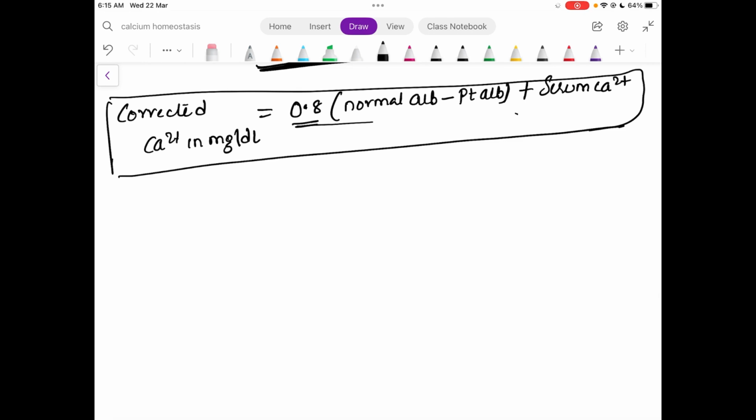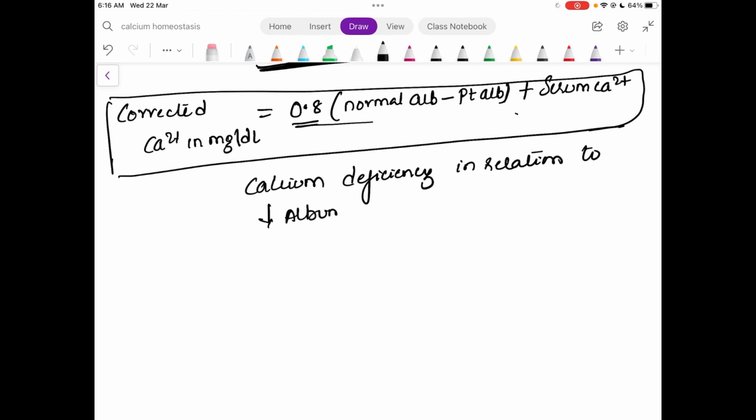With the decrease in calcium, that is protein bound calcium, do we have any clinical manifestations? No. Calcium deficiency in relation to decreased albumin does not cause clinical manifestations.